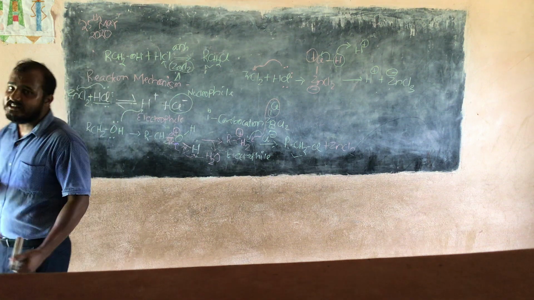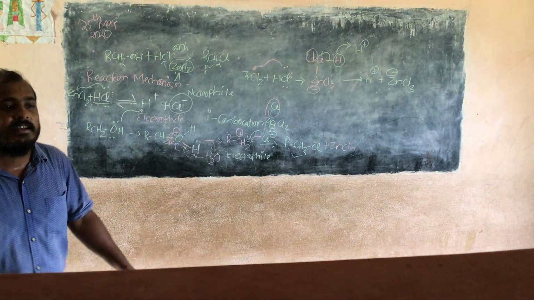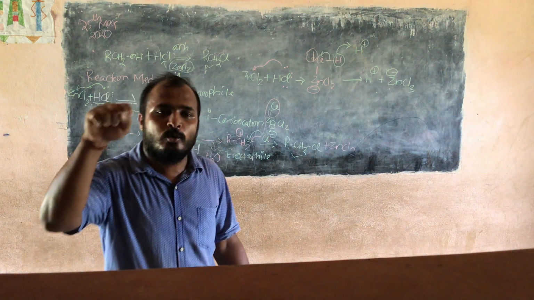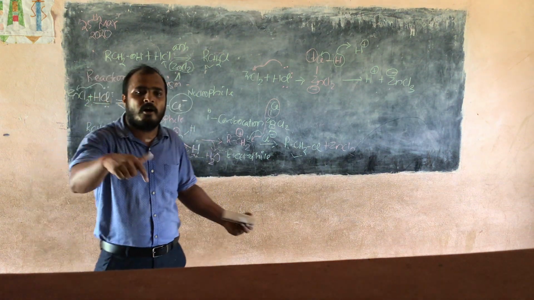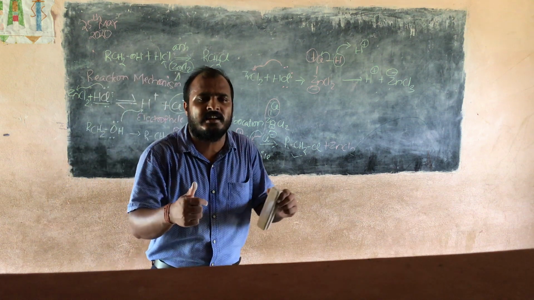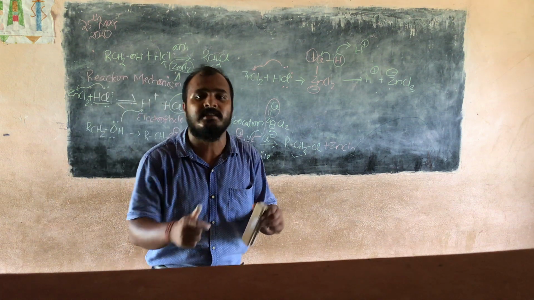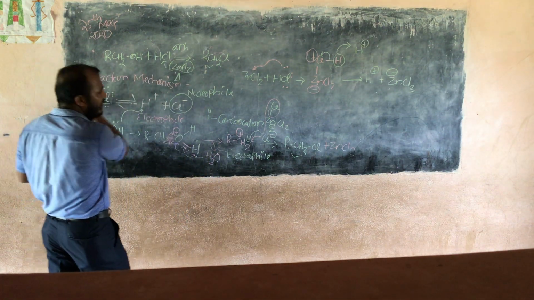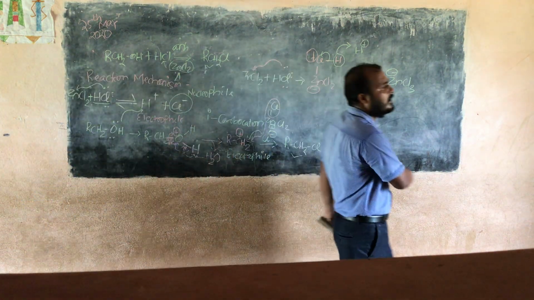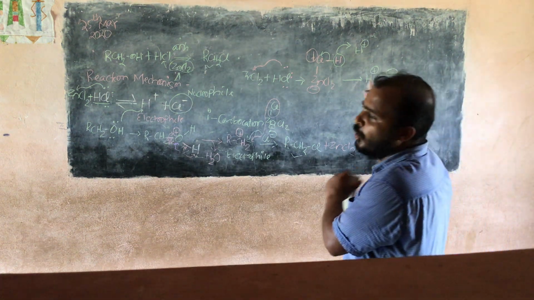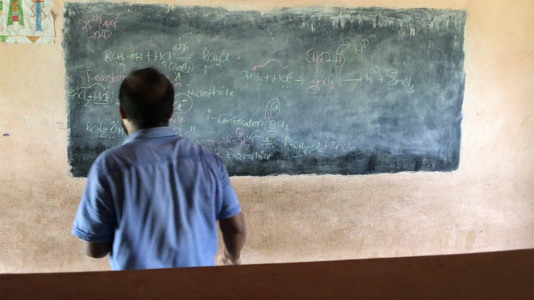A catalyst in organic chemistry takes part in the reaction to increase the rate of a reaction, and finally it has to be regenerated back because it is a catalyst. Initially we used zinc chloride, finally we have got back zinc chloride, and it satisfies. So it is a catalyst.